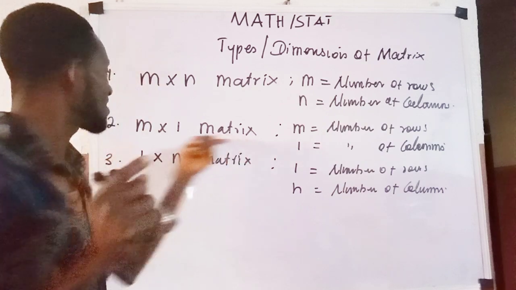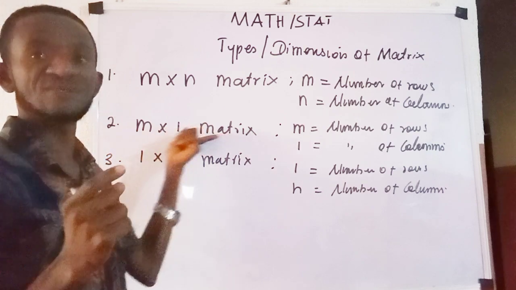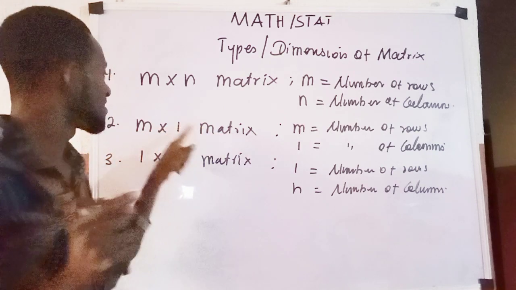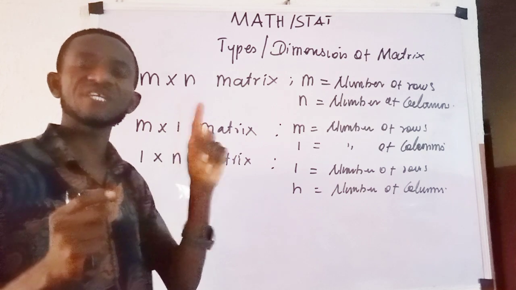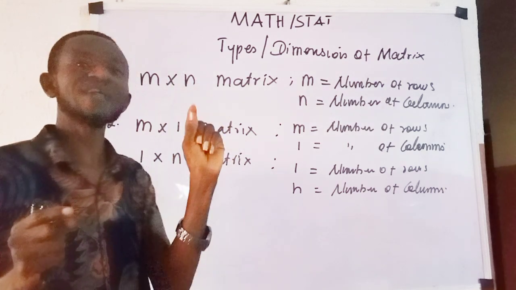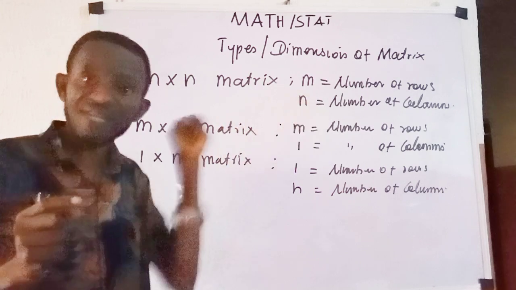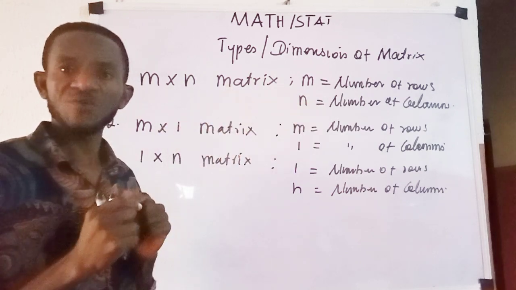So if this is given to anybody and asked, what type of matrix is this? It is a column matrix, column in the sense that it has only one column, and the name is derived from that particular column.